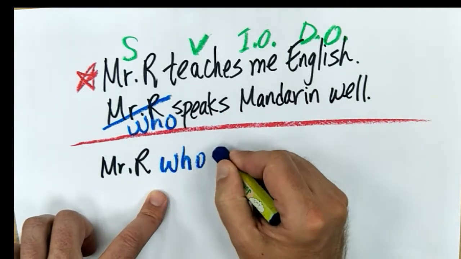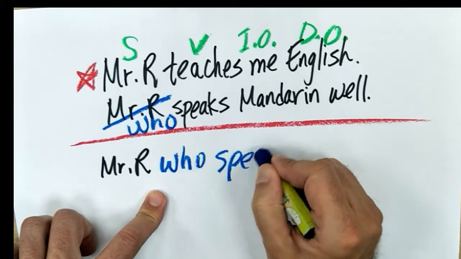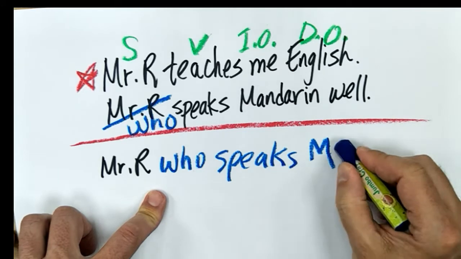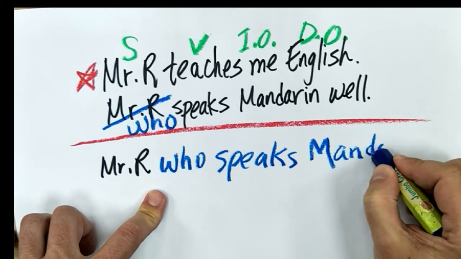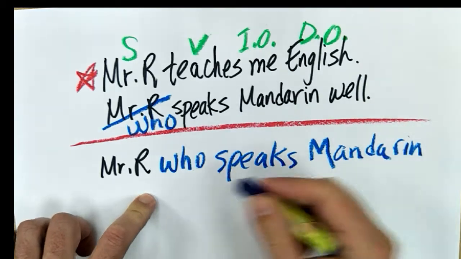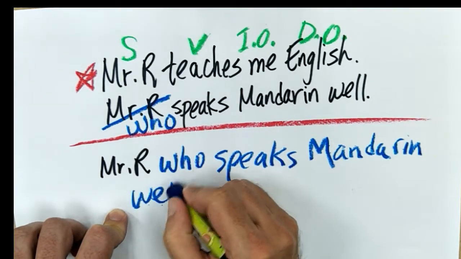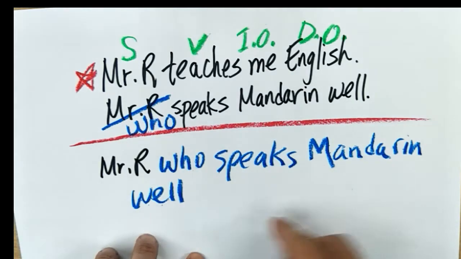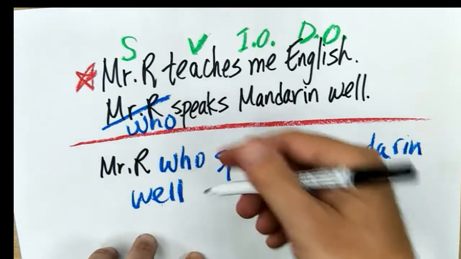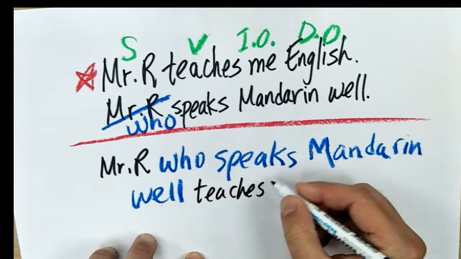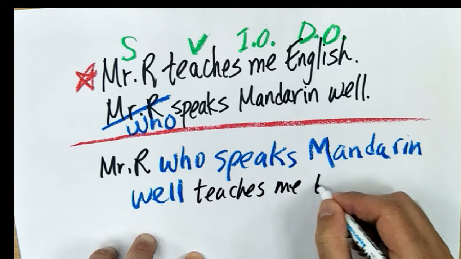Who speaks Mandarin well. Okay, there's the adjective clause. Now let's bring down the verb, teaches me English.